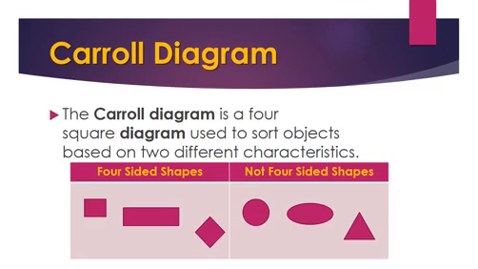How many sides do they have? Four. While the circle, the oval, and the triangle are not four-sided shapes, right? So I group them as one. Did you understand now, kids, the use of the Venn diagram and Carol diagram? And did you understand what is the difference between a Venn diagram and a Carol diagram?